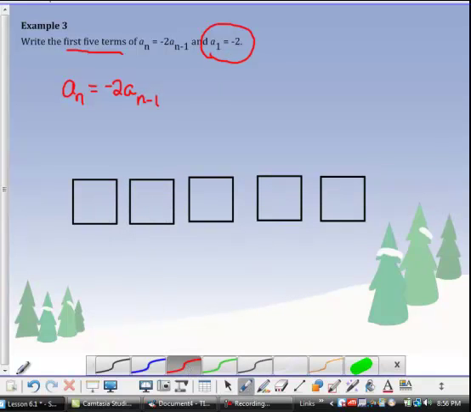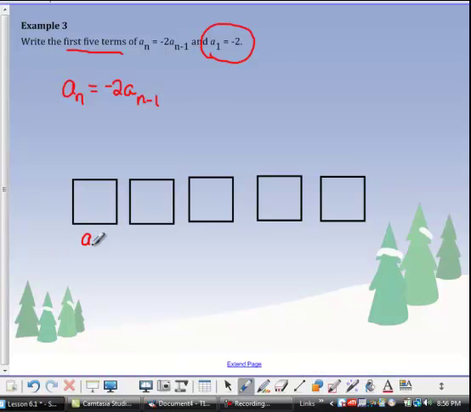Okay, so they tell me the first term of sequence A is negative 2. Now what they gave you here was a recursive formula. To find the nth value of the sequence A, you have to go to the term before it and multiply it by -2.